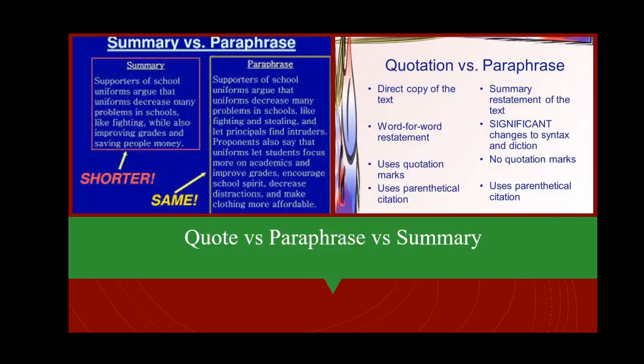There has to be differences in syntax and diction. It does not carry any quotation marks, but it uses a parenthetical citation. And we'll get that a little bit more clear. But remember, you have quotation marks and you have parenthetical citations. And sometimes you want to insert a name or something, and it covers another symbol, which we will cover a little bit later on.